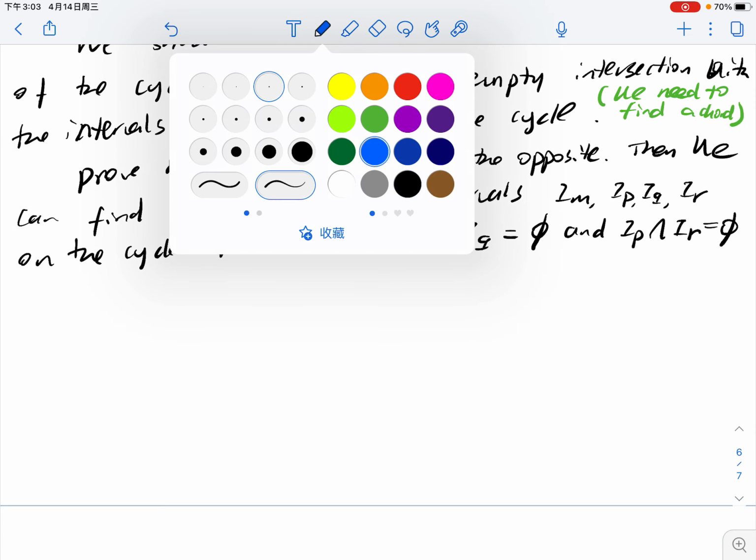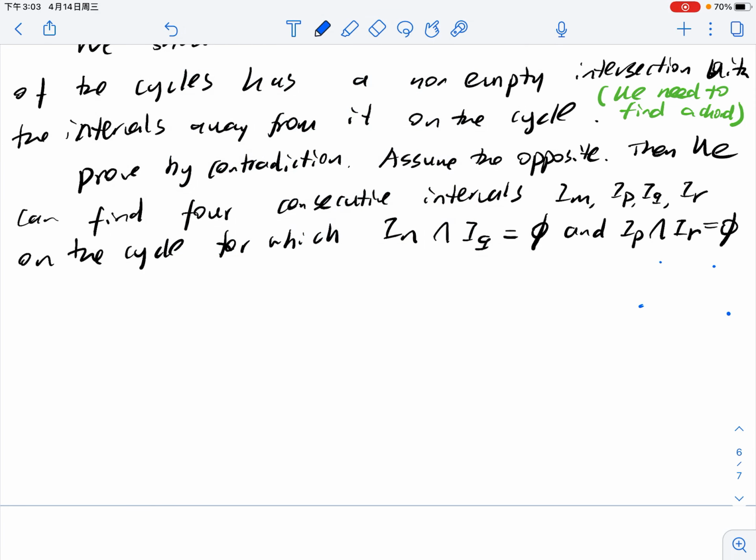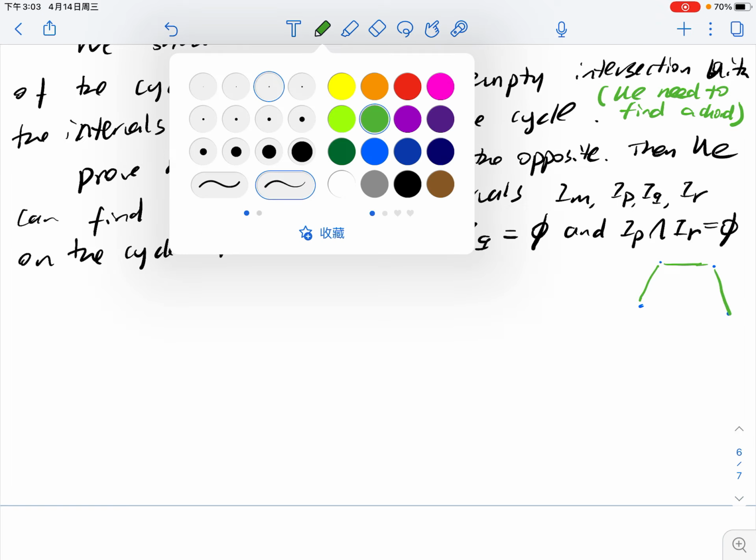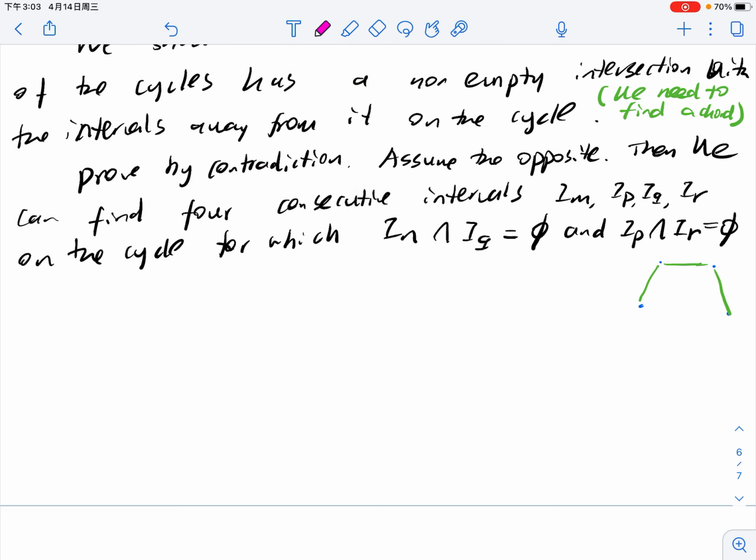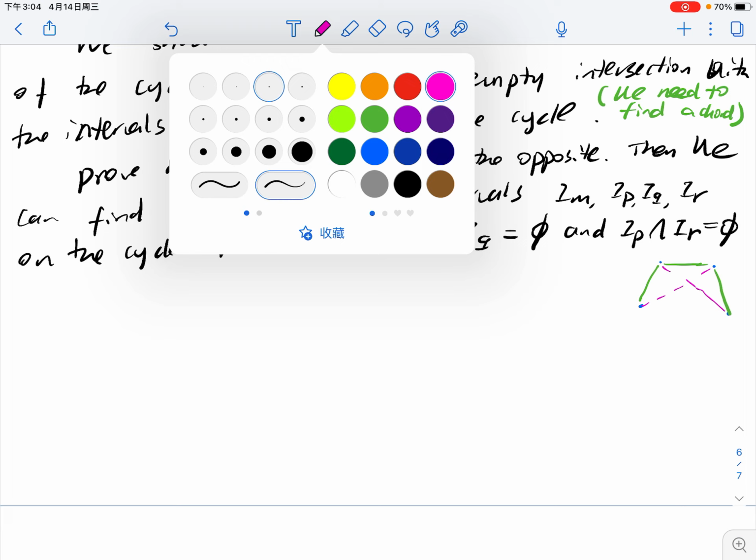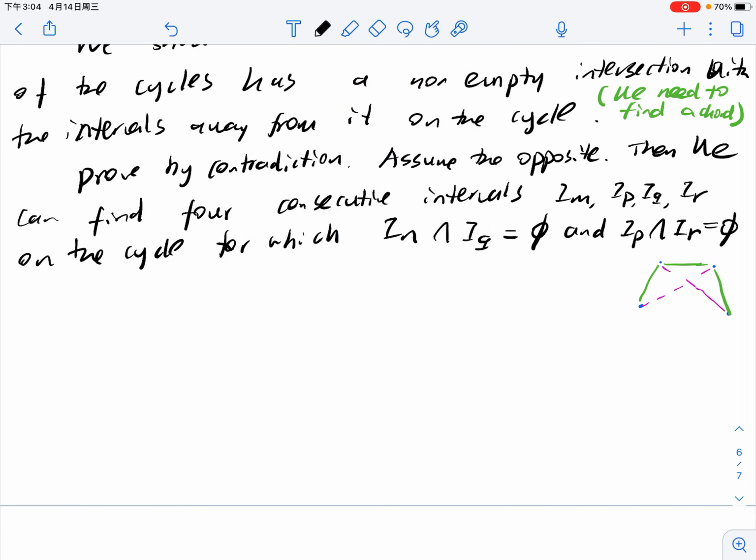So if you look at a picture, we do have these three edges, but those pink ones do not exist.